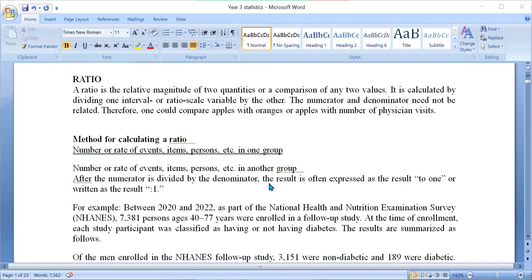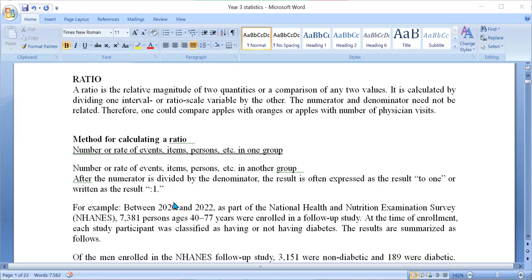The denominator must be equal to one. When you divide them, one must end in one. The denominator is the down number, while the numerator is the upper number. The result is often expressed as the result to 1 or written as the result:1.